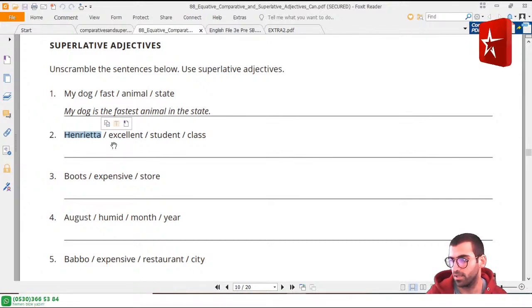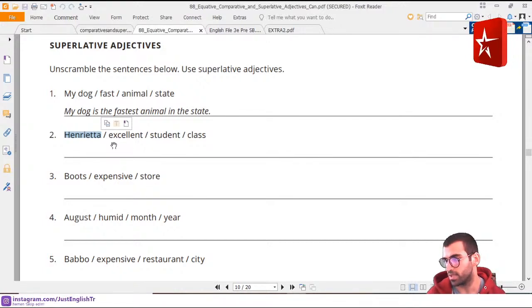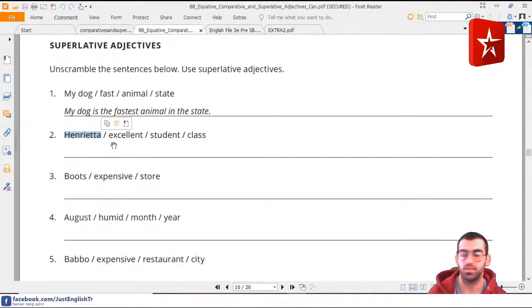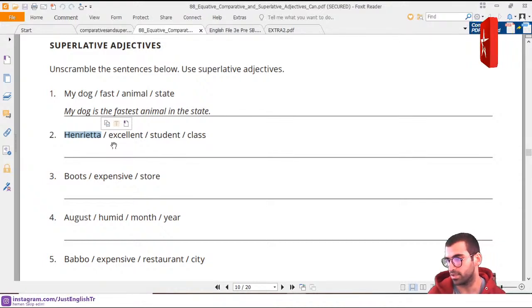Yes, that is the correct answer for this sentence. Yeah, Henrietta is the most excellent student in the class. Ozan Uludağ and Mehmet Olkaç, your answers are completely correct. Thank you, guys. And Sıla wrote an answer to this sentence. Yes, Henrietta is the most excellent student in the class.